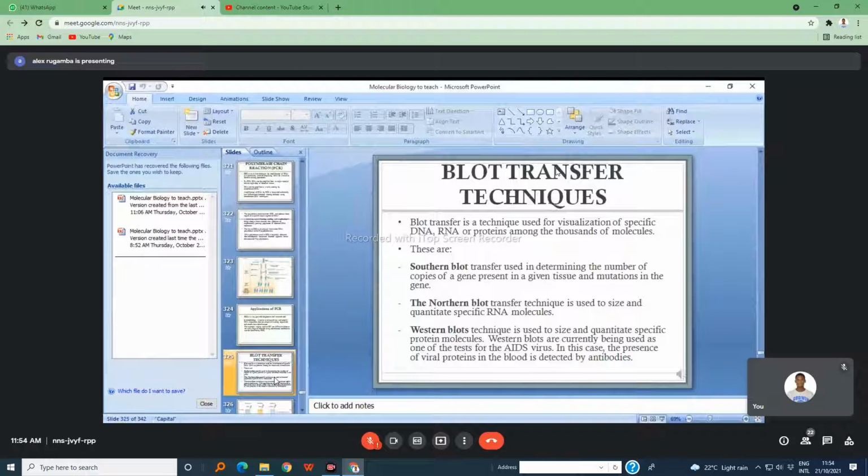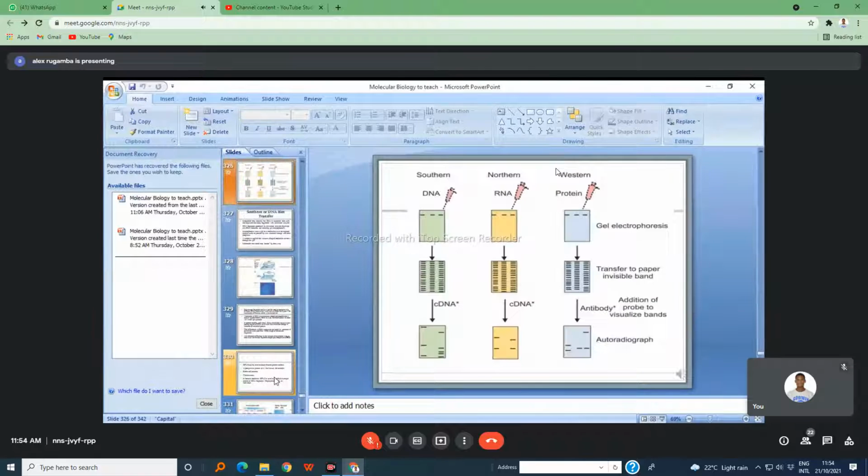So now you see the northern blot, southern blot, and the western blotting. Southern blot is for DNA. Northern blot is RNA. And the western blotting is the protein.